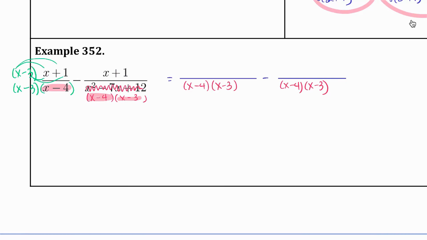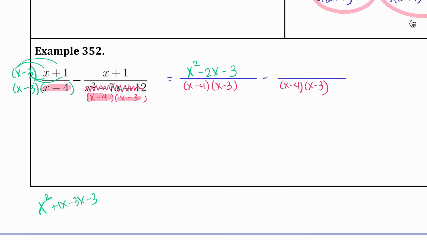Again, we're going to have to combine our numerators, so I'm going to write it down here, and then I'll write it simplified in our fraction. X times x is x squared plus 1x minus 3x minus 3. When we combine our like terms, we get x squared minus 2x minus 3.